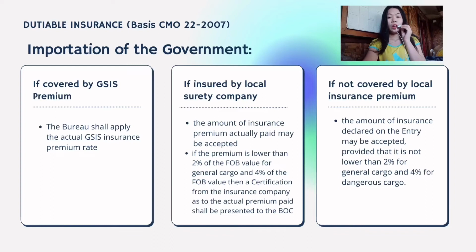So if the premium is lower than 2% of the FOB value for general cargo and 4% of the FOB value for dangerous cargo, then the certification from the insurance company as to the actual premium paid shall be presented to the BOC.